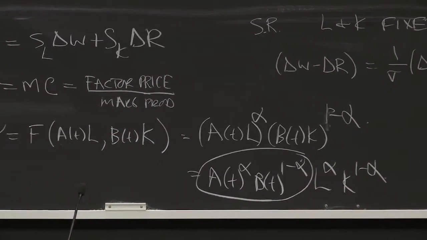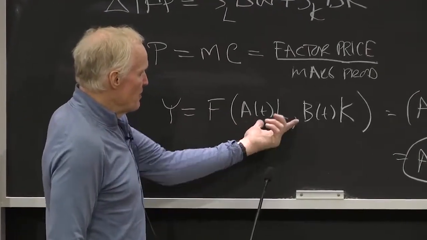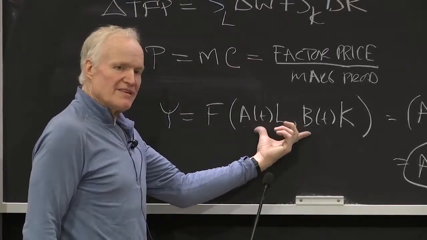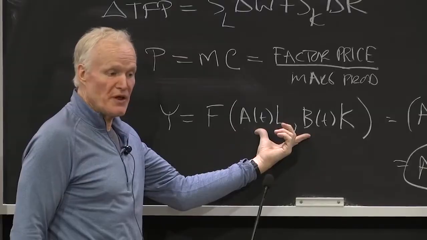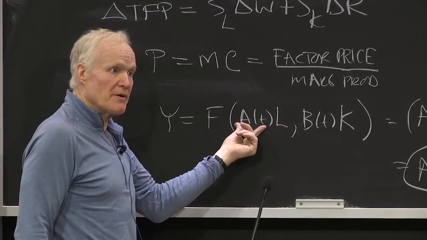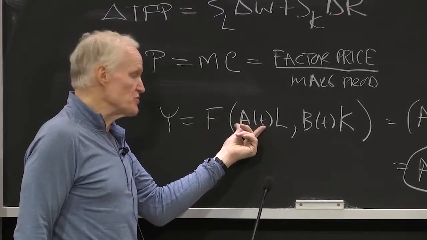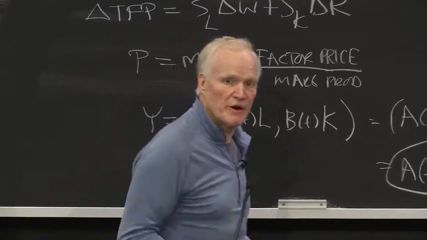And in general, the elasticity of substitution will determine which way these things bias. So if the elasticity of substitution is bigger than 1, then A will be biased toward labor. If the elasticity of substitution is less than 1, B would be biased toward labor. Just flips which way it goes.